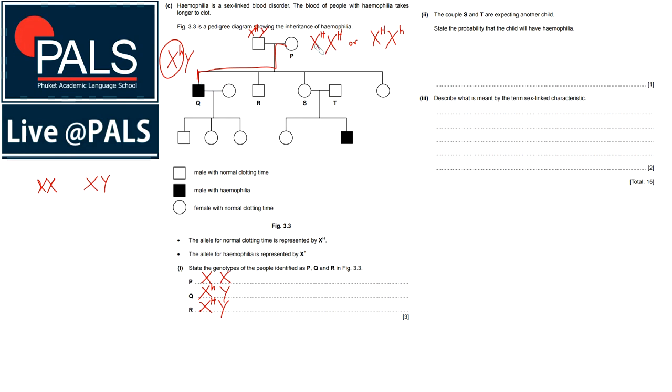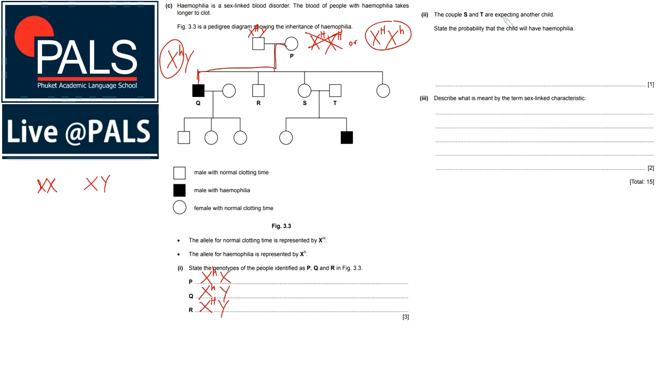That means we can exclude this genotype, the homozygous dominant, so it must be the heterozygous genotype. The mother must have 1 X chromosome with the recessive allele for hemophilia. So that is the genotype of P.